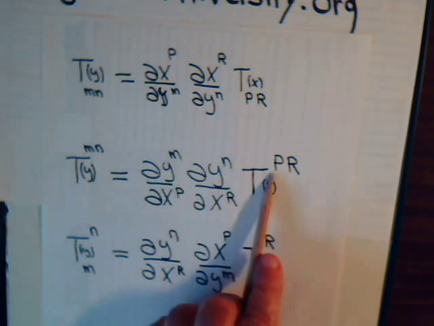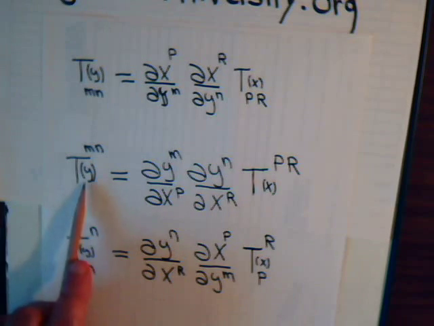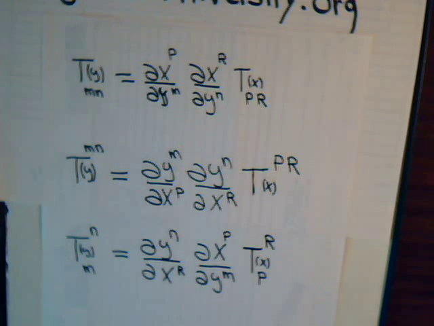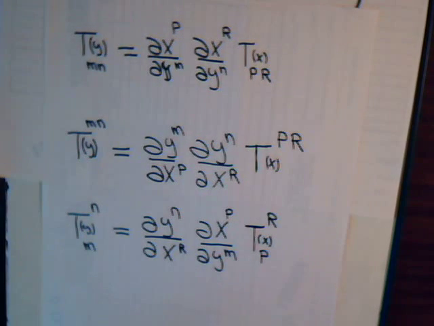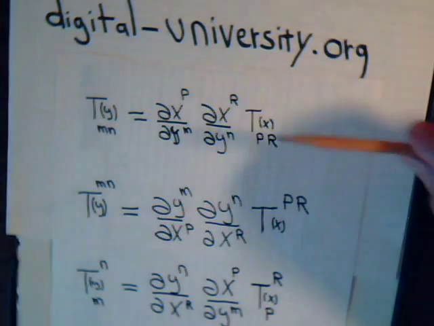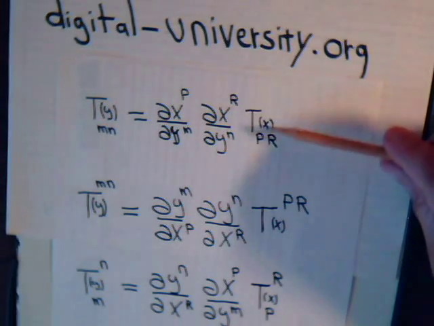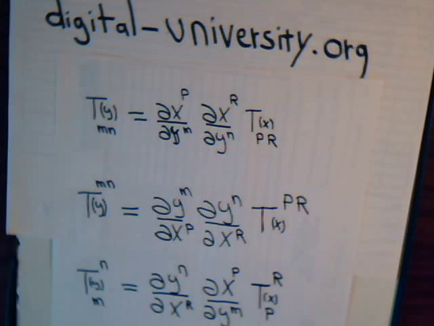Here the contravariant components transforming from the x curvilinear system to the y curvilinear coordinate system, or a mixed tensor transforms. So clearly, if we're in the x coordinate system, if this is 0, this tensor is 0, it's going to be 0 in the y curvilinear coordinate system.